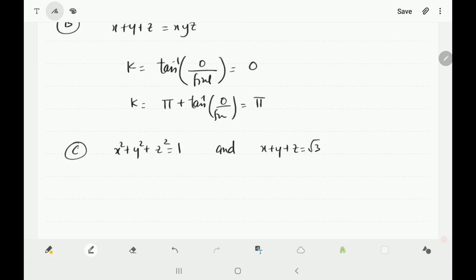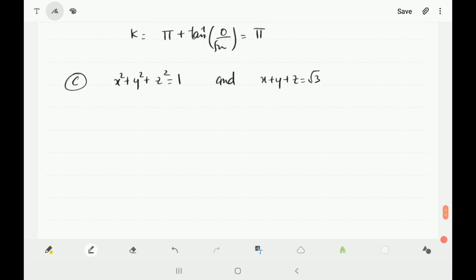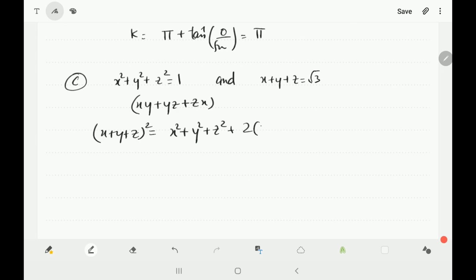In part C, x square plus y square plus z square is equal to 1 and x plus y plus z is equal to root 3 is given. So now we can easily find the value of xy plus yz plus zx using the formula that x plus y plus z whole squared can be written as x square plus y square plus z square plus 2 times xy plus yz plus zx. Once you solve this, you will have 3 equal to 1 plus 2 times the summation xy.